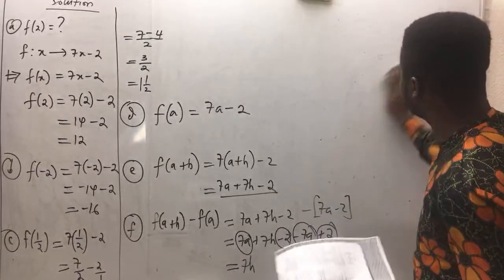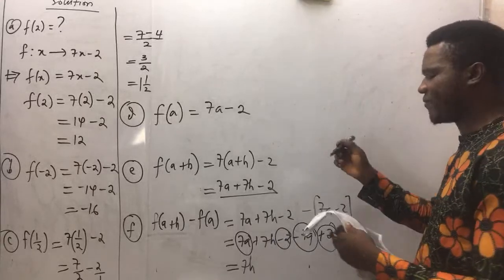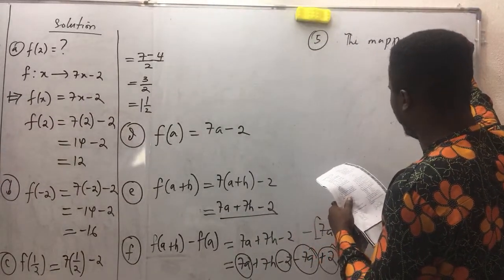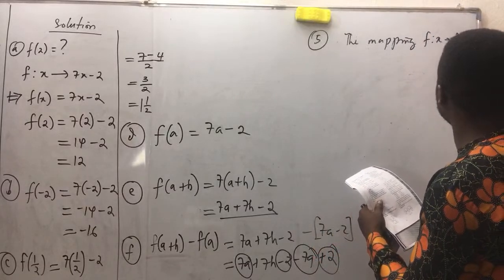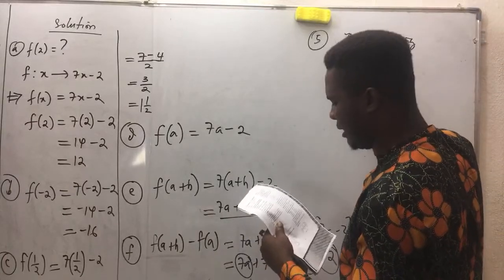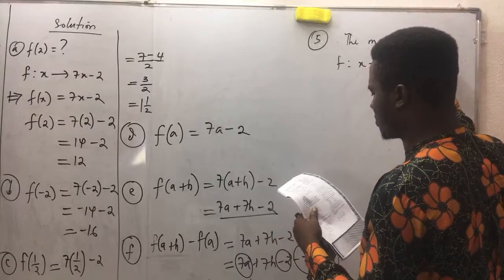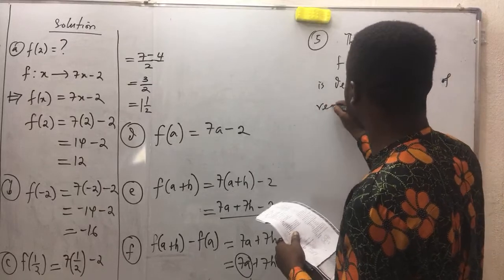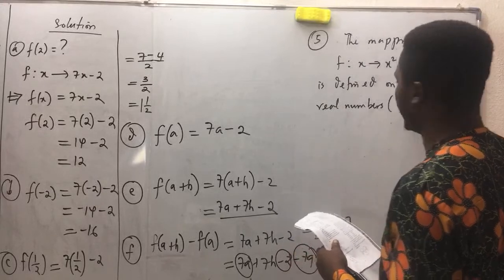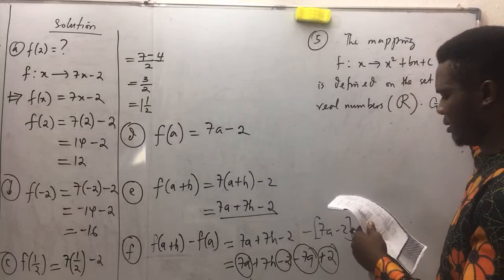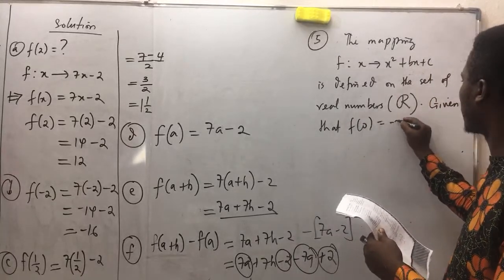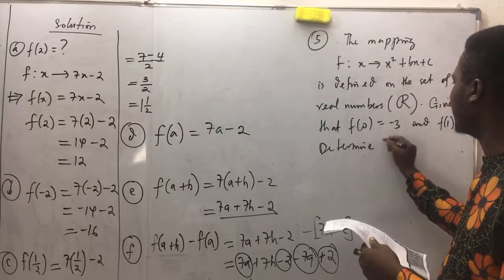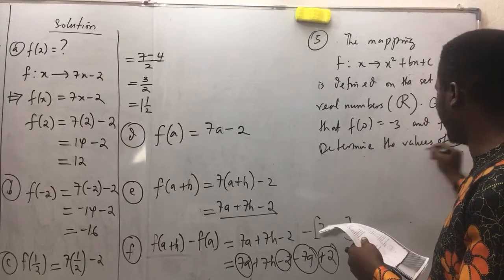So what is question number 5 saying? Question 5 says the mapping f from x into x squared plus bx plus c is defined on the set of real numbers, of course, that is R. It now says, given that f of 0 is equal to minus 3 and f of 1 is equal to 2, determine the values of b and c.